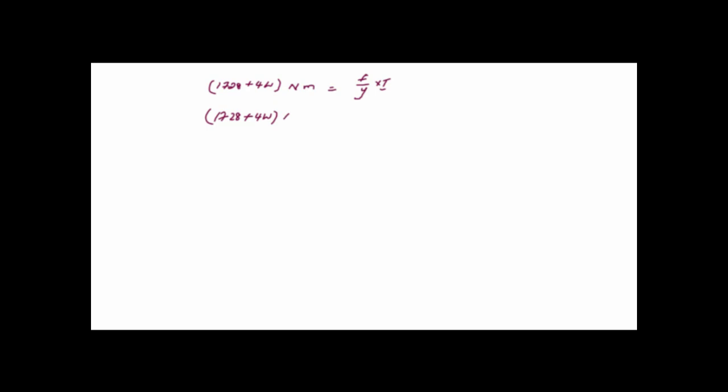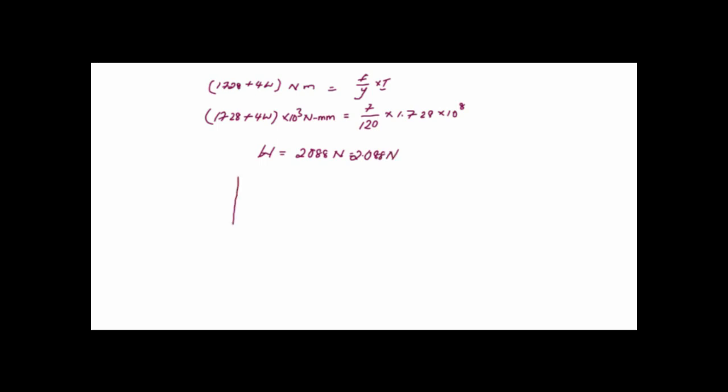I am converting this into Newton mm because the remaining units are substituted in mm. F by Y is 7 divided by 120, into 1.728 into 10 to the power of 8 mm to the power 4. On substituting, you get W equal to 2088 Newton, which is equal to 2.088 kilonewton.